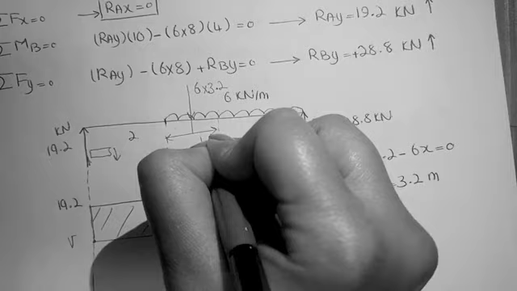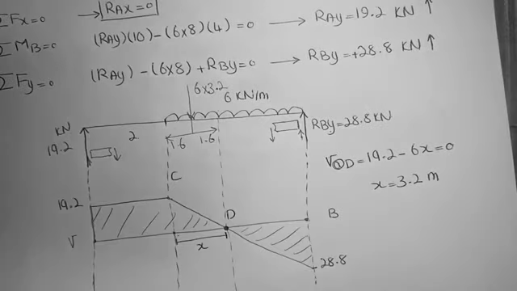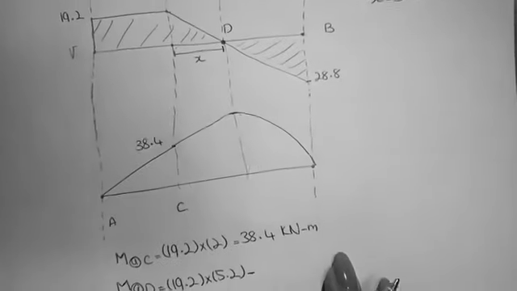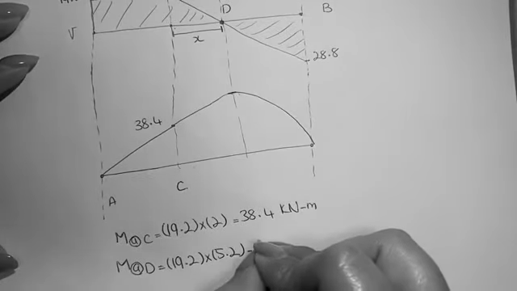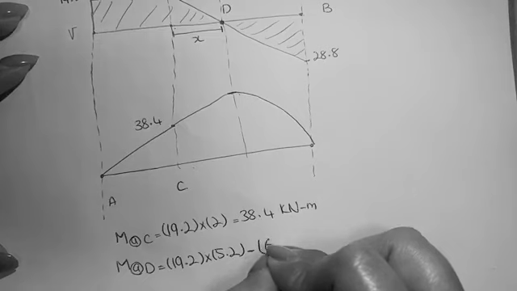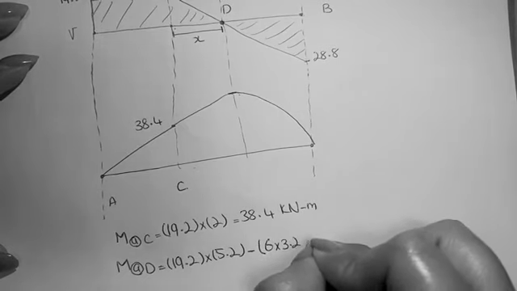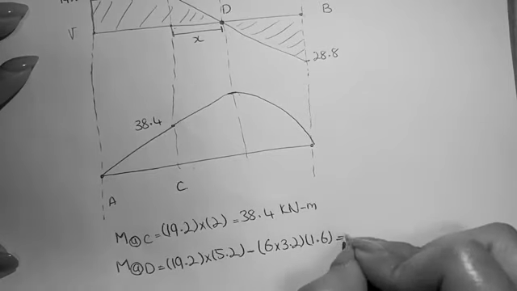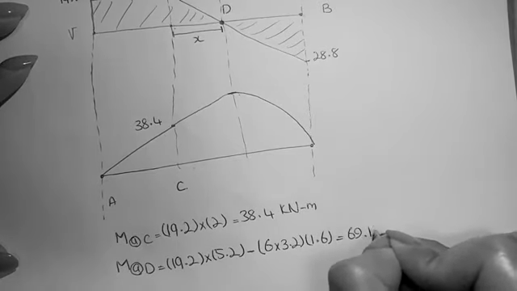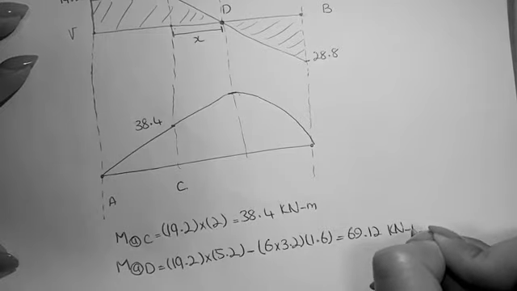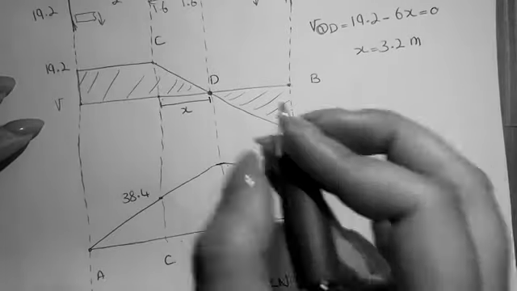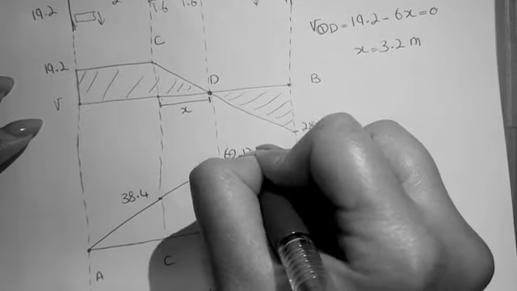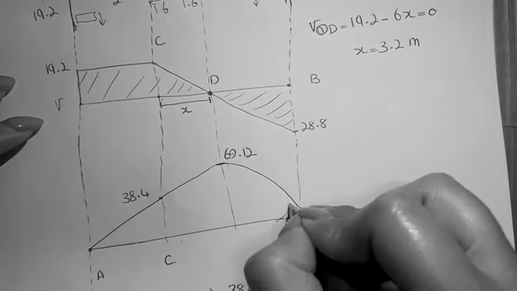So this is 1.6, and the bending moment as a result of this distributed force here is equal to 6 times 3.2 times 1.6, which is totally equal to 69.12 kilonewton meters. Here is 69.12, and here is the bending moment.